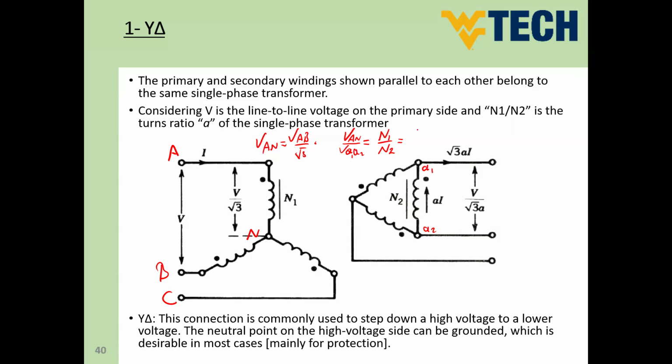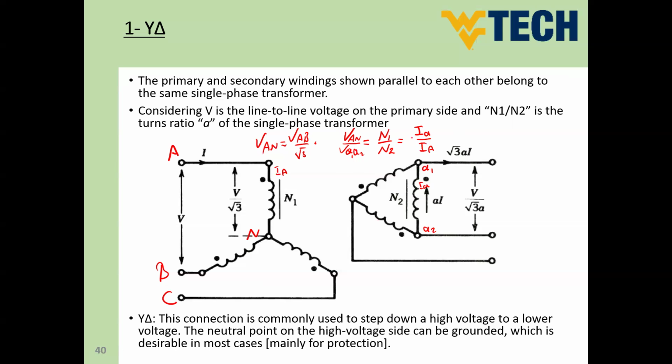I can say this is equal to the opposite current turns ratio, which is I little a divided by I capital A, because I little a is going to be the secondary current here, and I'm going to say this is I capital A, and this is here I little a. So this is the turns ratio that we know about the single phase transformer.